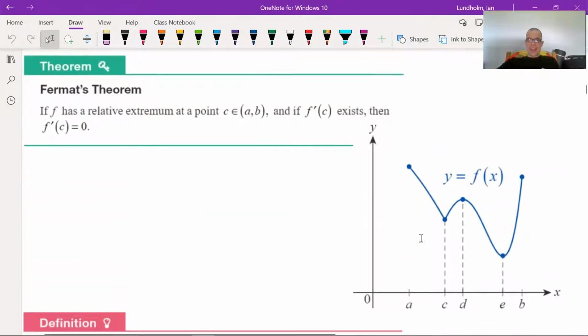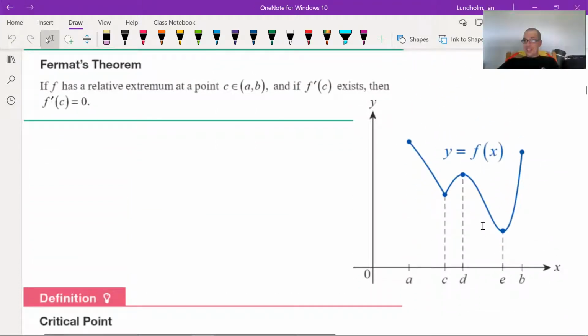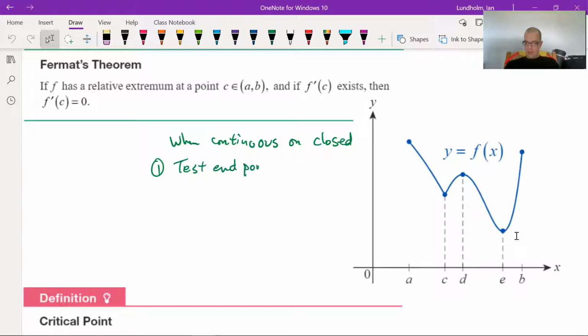So if you have a continuous function on a closed interval, like this one is, in order to find maxima and minima, let me go ahead and write this out. When continuous on a closed interval, you test the endpoints of the interval for the max and min. That's always something you want to be on the lookout for.